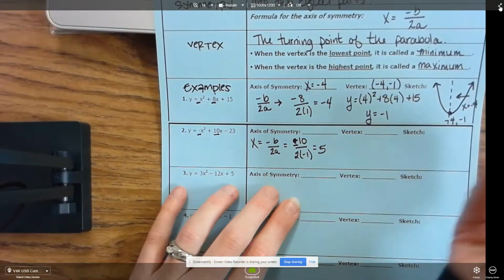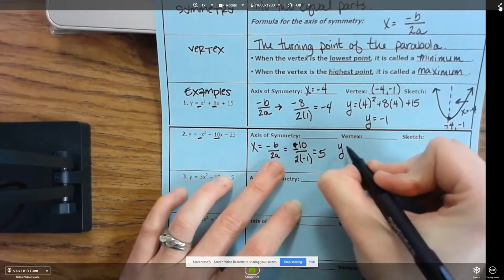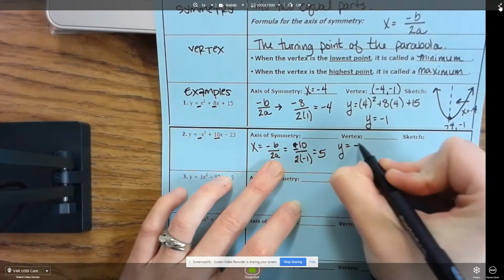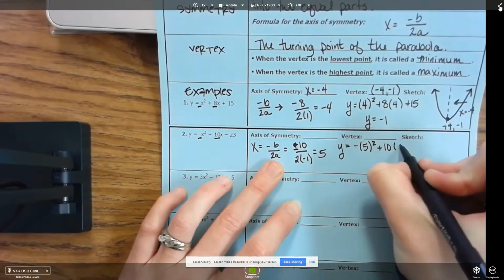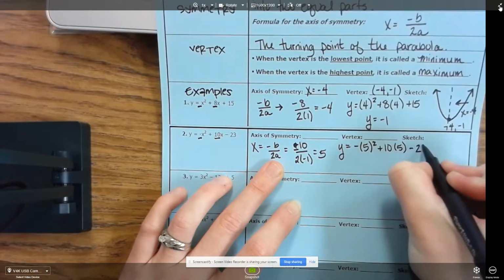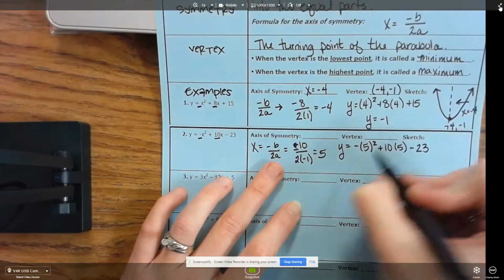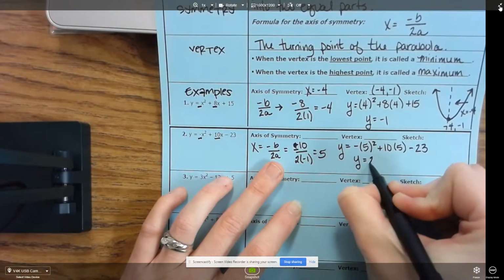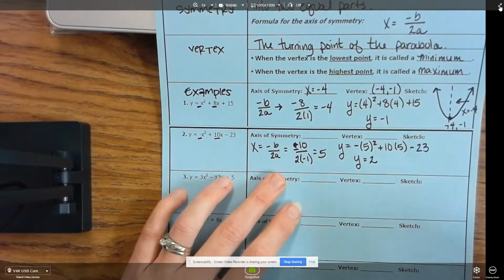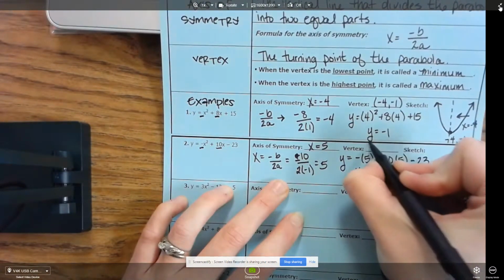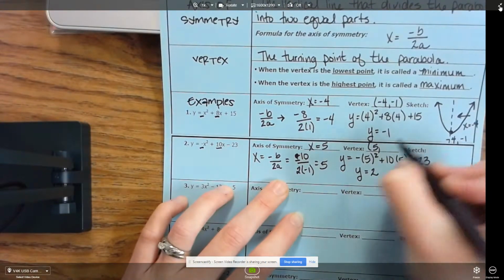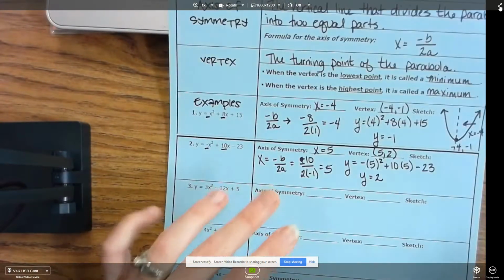Then to find your vertex, we would take that 5 and plug it in. My y value would equal 2. So my axis of symmetry is x equals 5, and my vertex would be (5, 2).